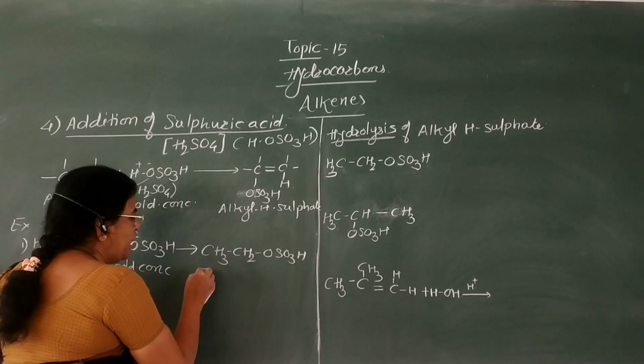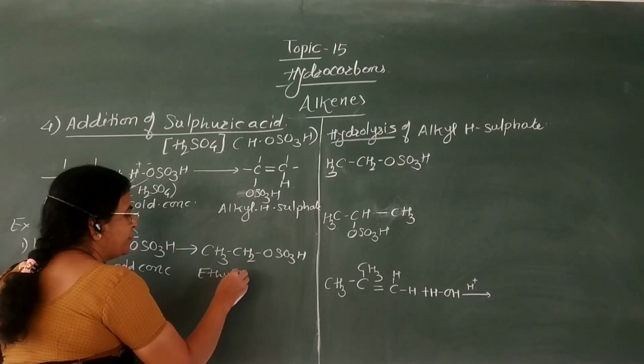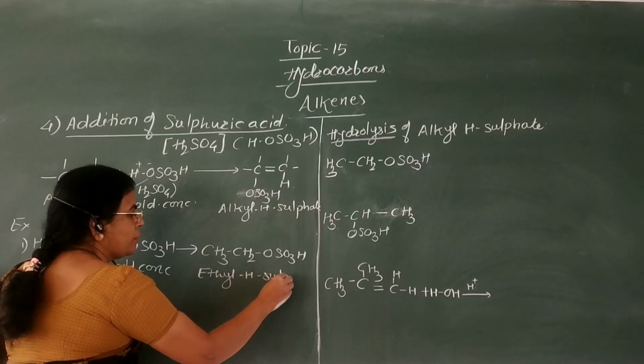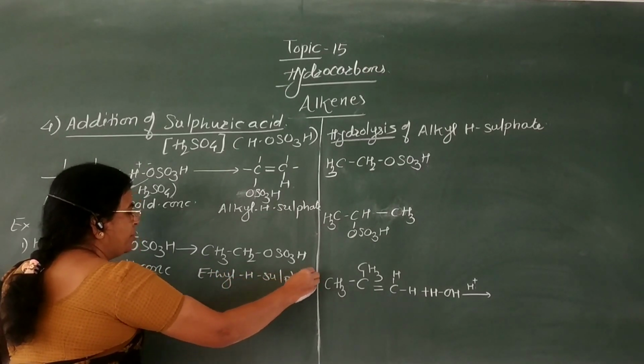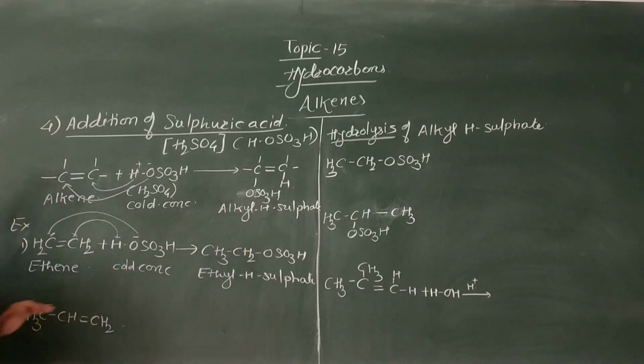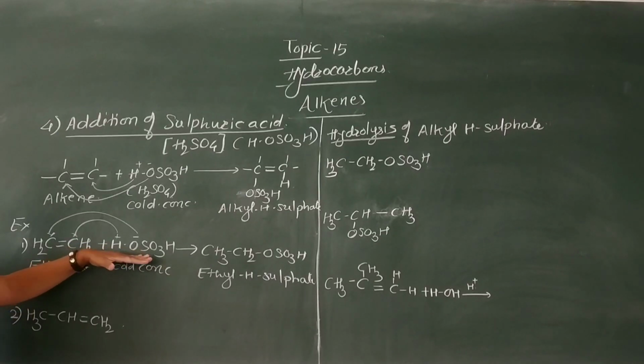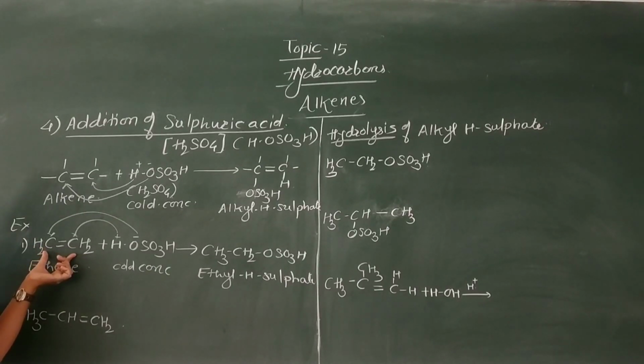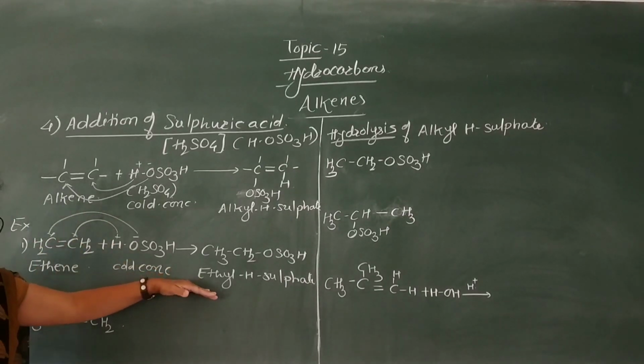This is ethyl hydrogen sulfate. Now here this ethene is a symmetrical alkene and therefore we will get only one product.